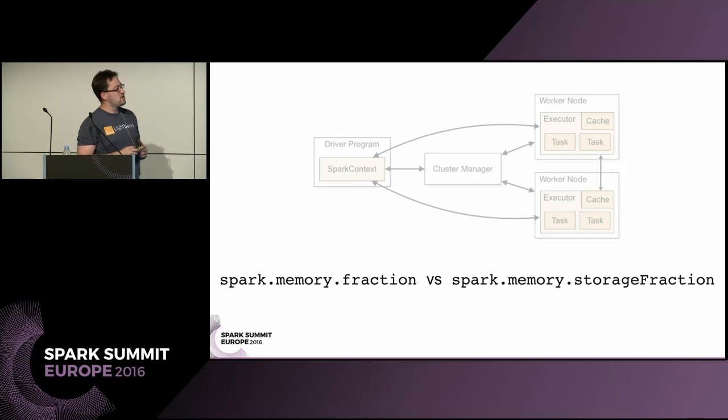I think it's 60 now. And what you're going to run into there is that will split up what you're allowed to use for your execution and storage. Whereas the next one, your spark.memory.storageFraction, is out of what's left, what's going to be used for storage. So it ultimately becomes a factoring between if you're dealing with out of memory more or cache invalidation. So those are the two configurations you want to take in mind there.